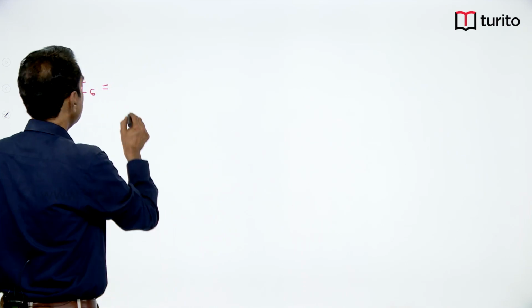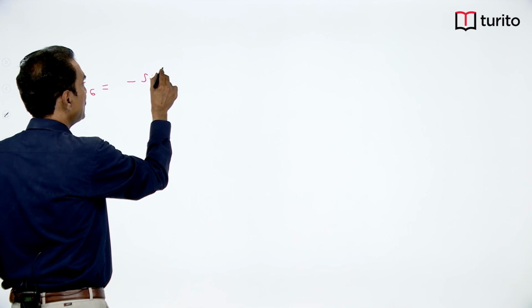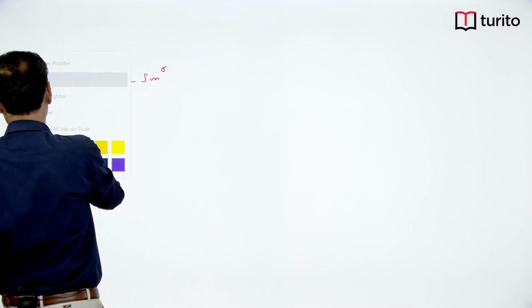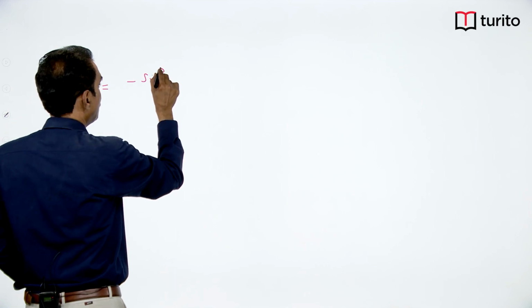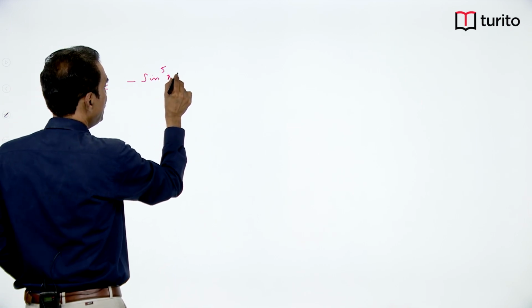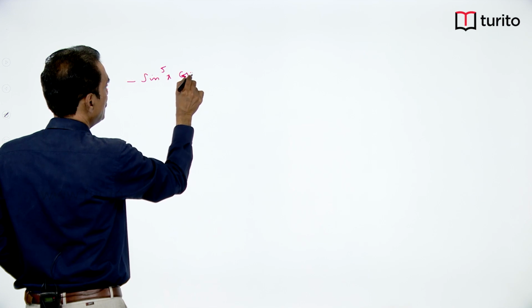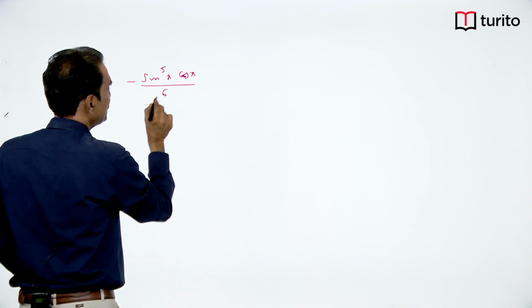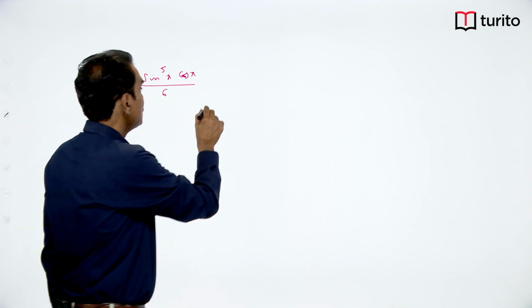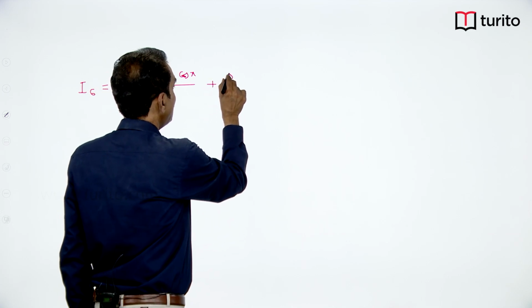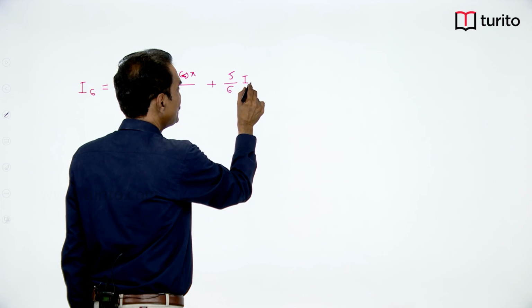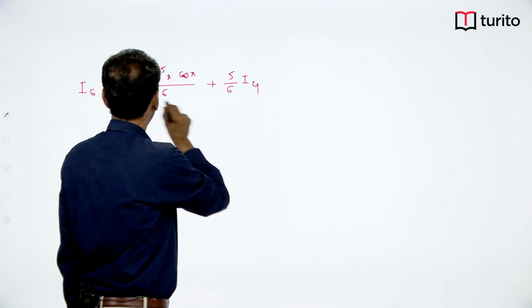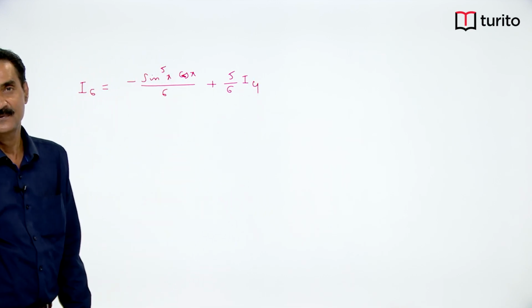So, you will get minus sin^5 x cos x by 6 plus (n-1) by n, that is 5 by 6 into In-2, which will be I4.